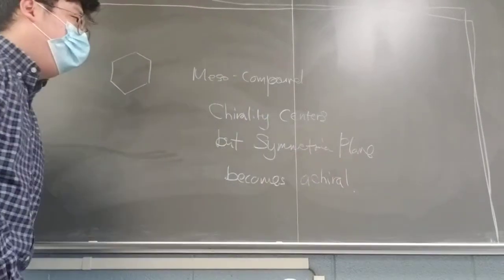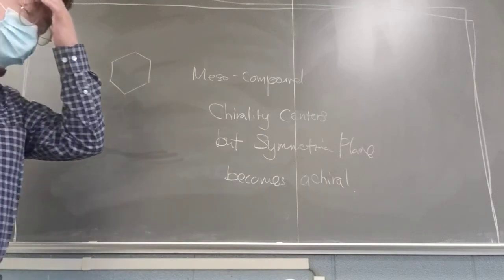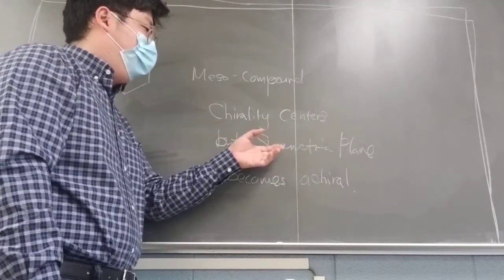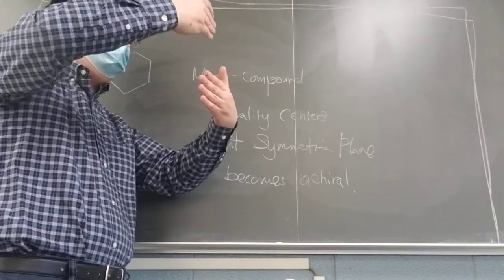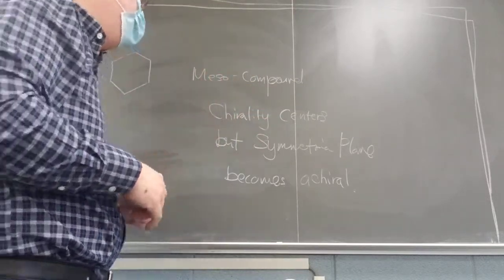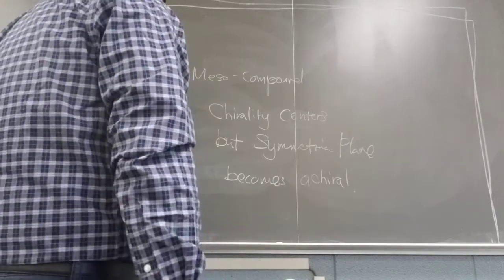Even though it has chiral centers, a meso compound is still achiral because it has a symmetrical plane. Both sides are the same across the symmetrical plane. So it makes sense, right? This is the last thing we talked about on Friday.